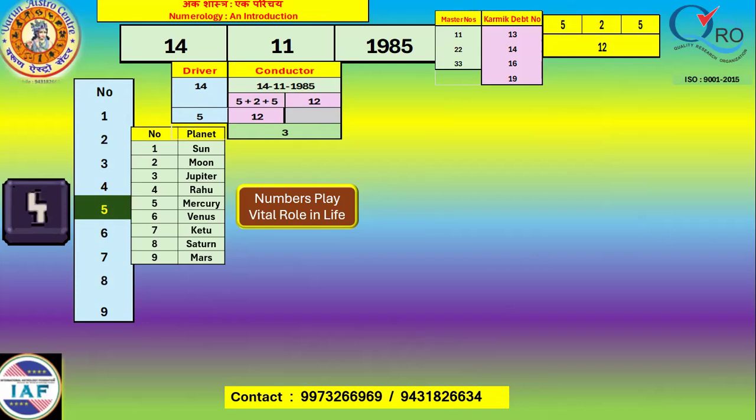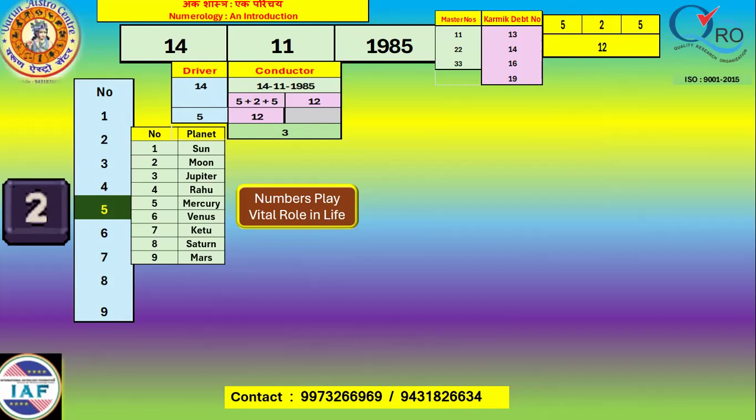Similarly, 13, 14, 16, 19 are the four numbers which carry different qualities, and are known as karmic debt numbers, a karmic debt carried over from the previous life.